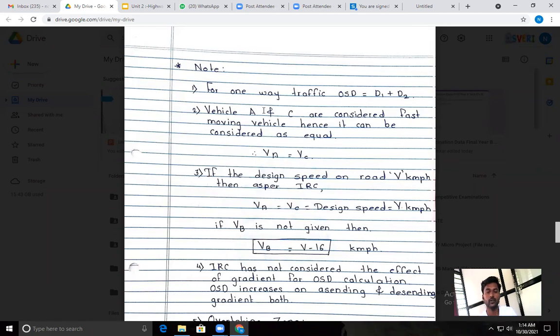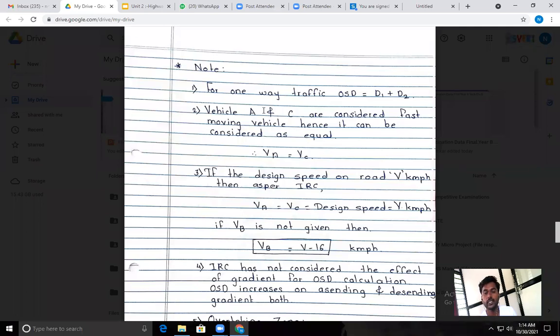In the next line write down, VB is equal to VA minus 16. In front of that, write down when VA is in kmph.